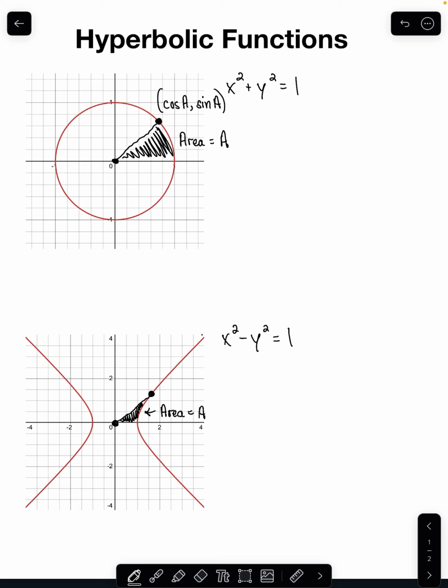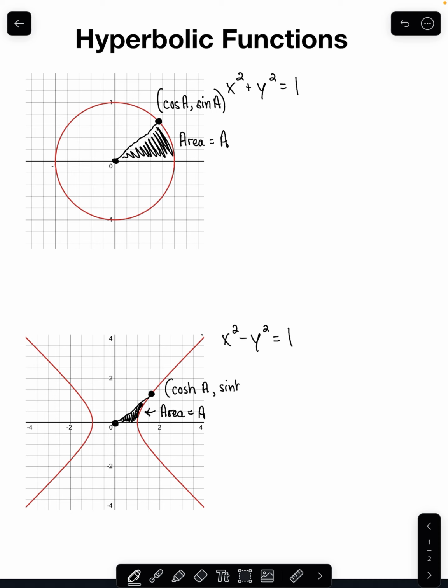In this case, the ordered pair here is x comma y, a pair of values that would make x squared minus y squared equal 1 true. So taking from the cosine and sine being the x and y coordinates, we're now going to call the x-coordinate cosh, or hyperbolic cosine of a.